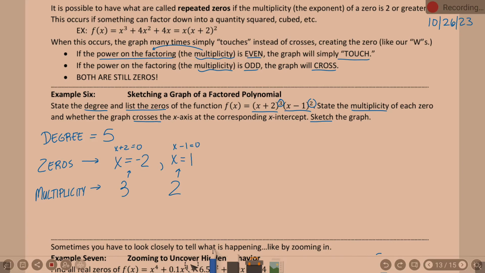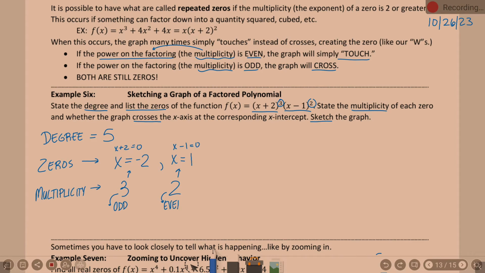Now we're going to talk about each of these x-intercepts. This is why we haven't graphed it right now. Does the graph cross the x-axis or does it not cross, and it would just touch? In order to determine this, look at your multiplicities. Is the multiplicity even or odd? So a multiplicity of 3. What do you know about the number 3? It is odd. What do you know about the multiplicity of 2? It's even.